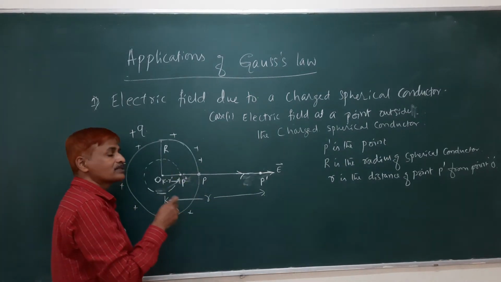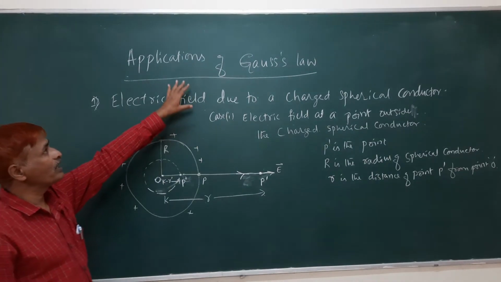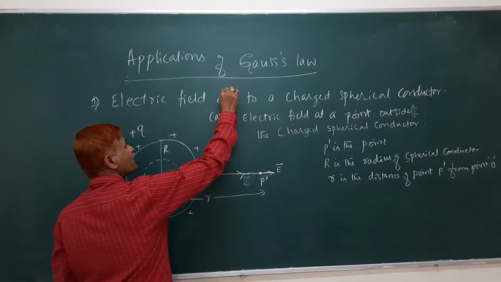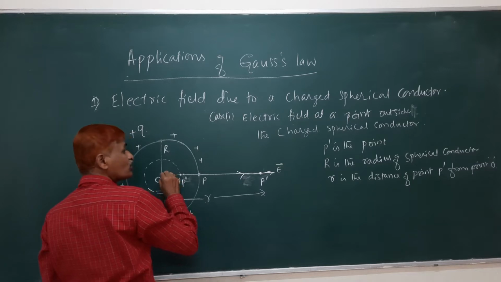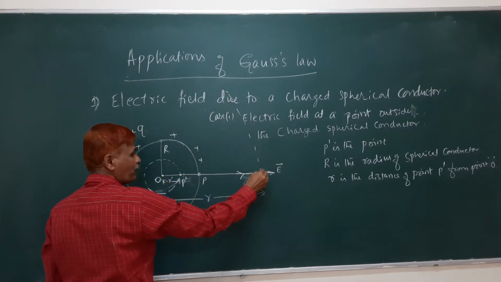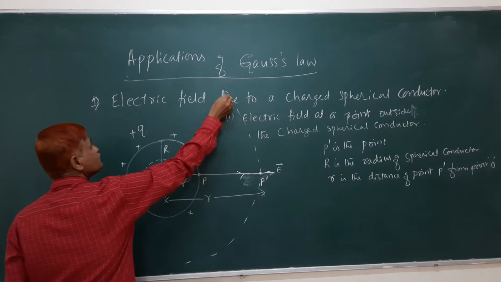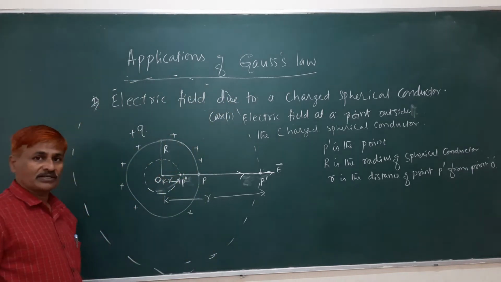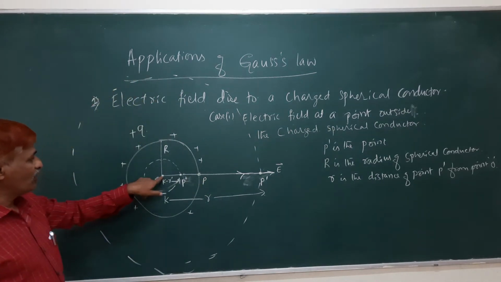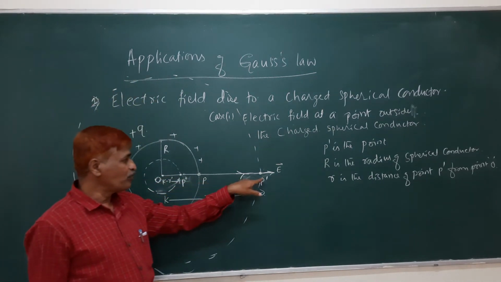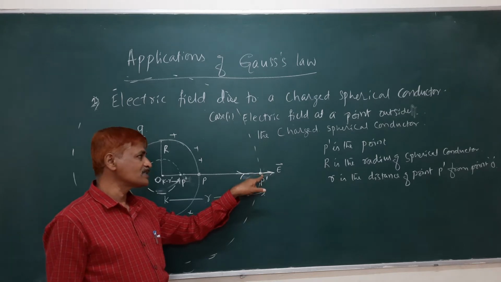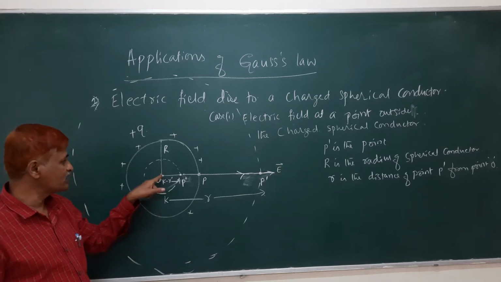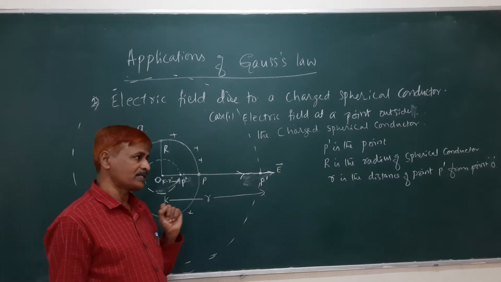Gauss's law is applied to a Gaussian surface. So we construct a spherical surface with O as the center and P dash on its surface. This is an imaginary Gaussian surface, and its radius is small r, which is the distance between point O and P dash.